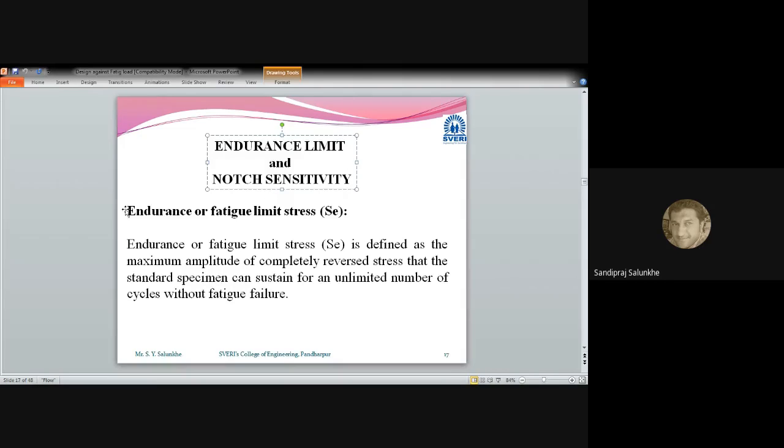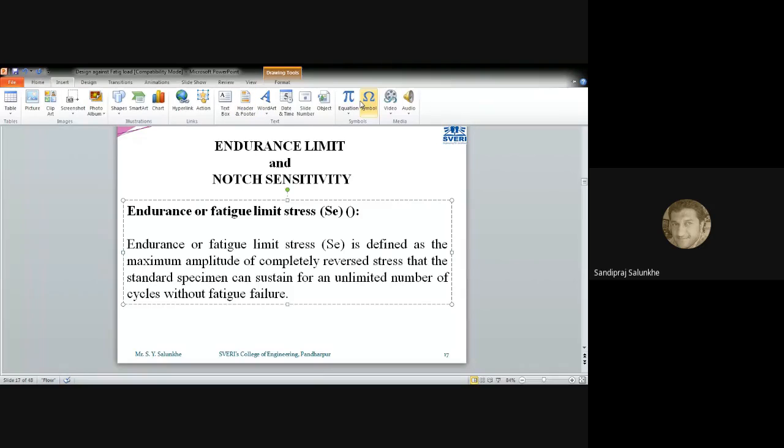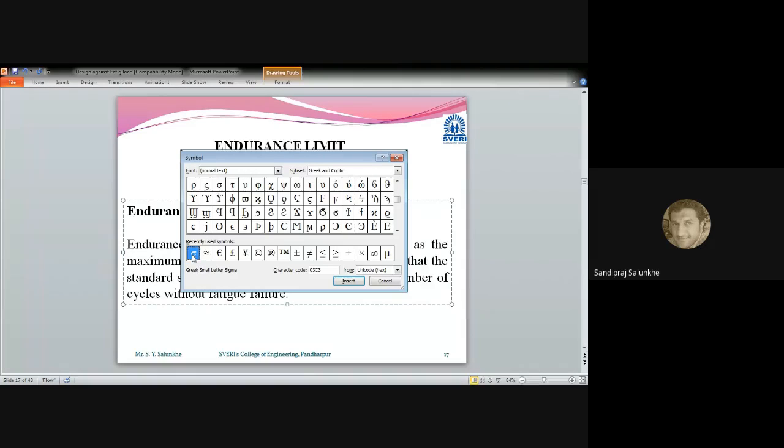First of all, the endurance limit is denoted by S suffix E. S is used for stress. Here you can use sigma also; in some books it has been mentioned as sigma.